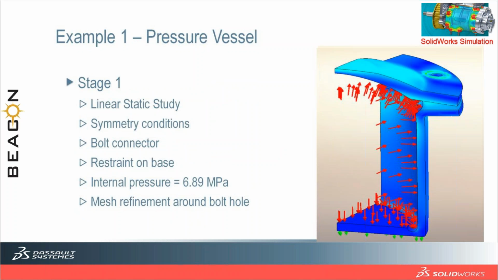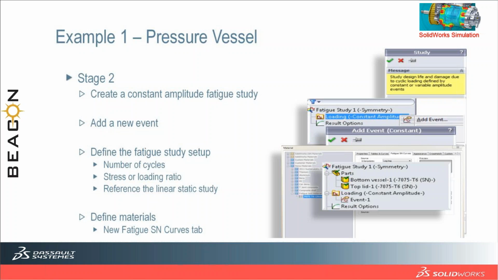In this example also, the stresses are below the yield. We won't show the details of the linear static study here, since it is assumed that you know about this type of analysis, and we just want to check out the fatigue analysis.